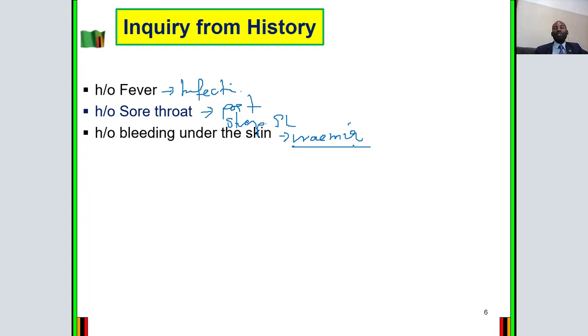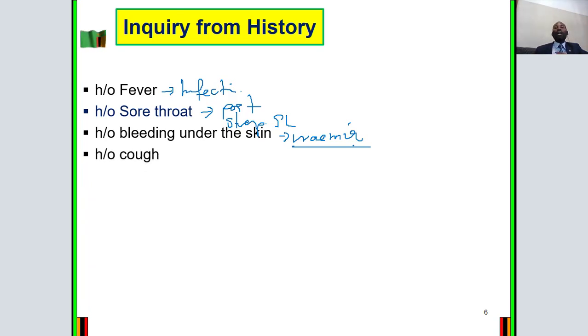And you know that if the hemoglobin concentration, the red cell mass, reduces, that will result into what? Into anemia. And that, of course, is one of the clinical features that the patient may present: weakness. Okay, so as I'm asking, I have a direction because I have already unlocked.